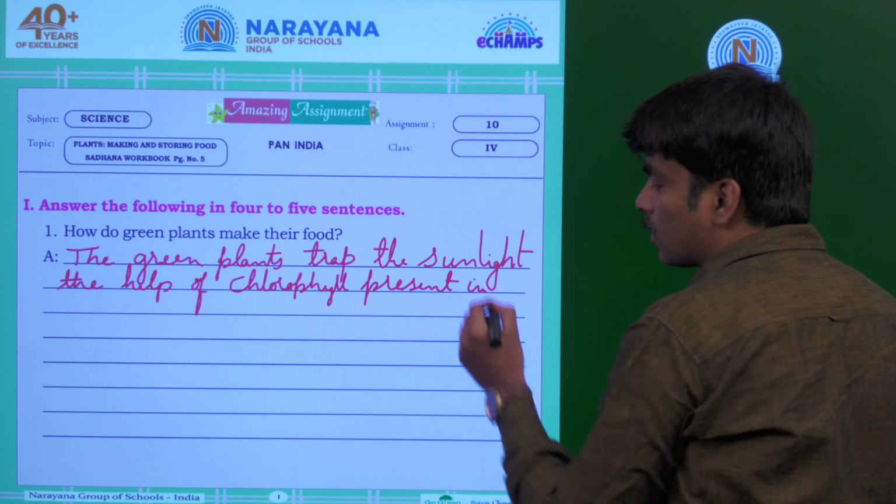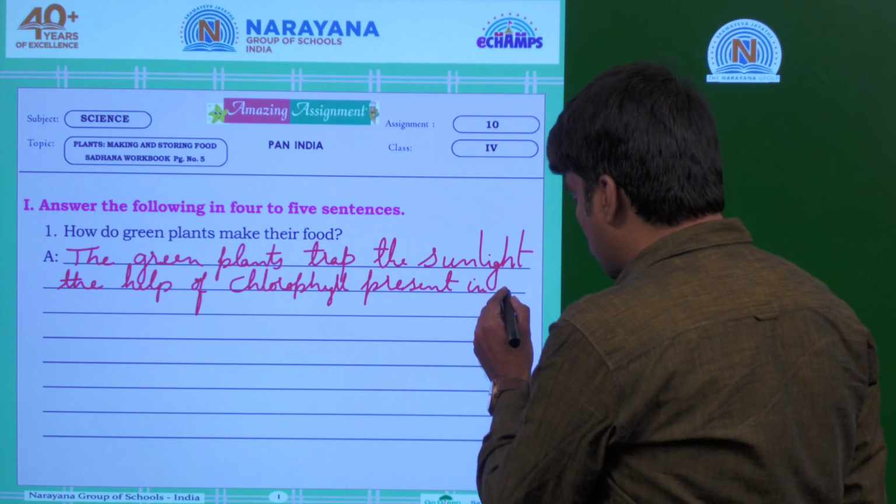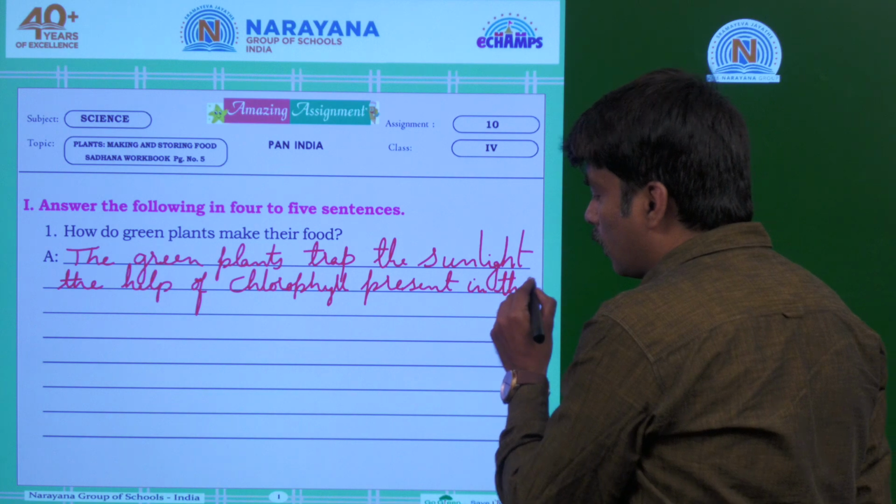Where is chlorophyll present? In the leaves. Chlorophyll is present in the leaves.